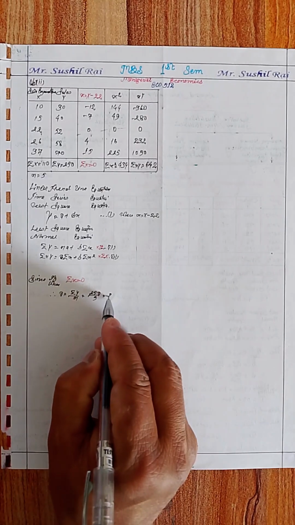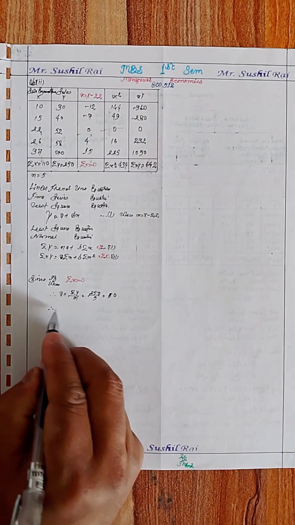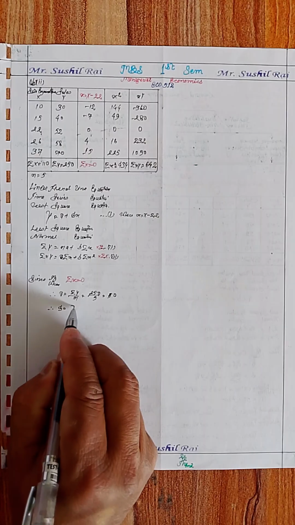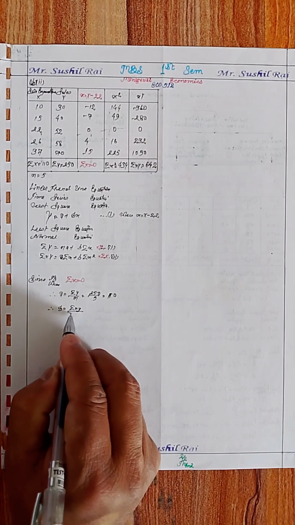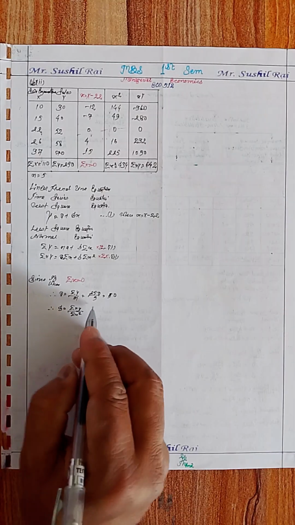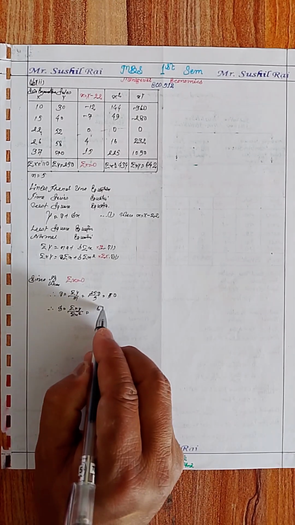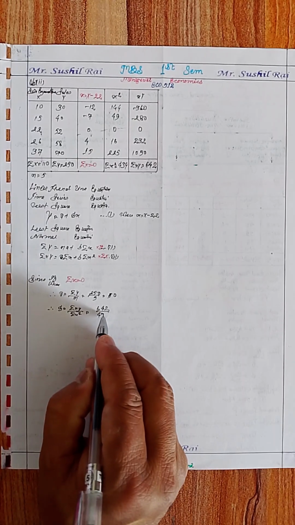Therefore b is equal to summation xy by summation x square, which is 642 by 434, equal to 1.48.